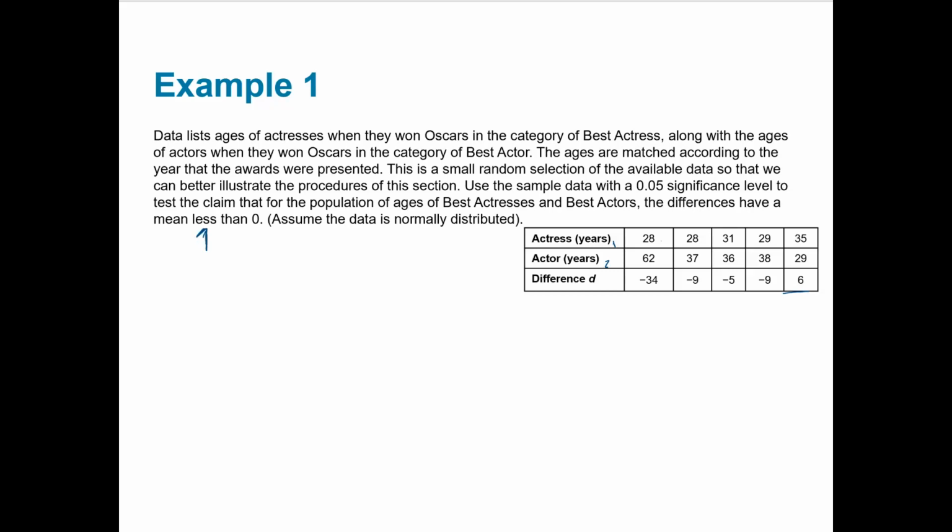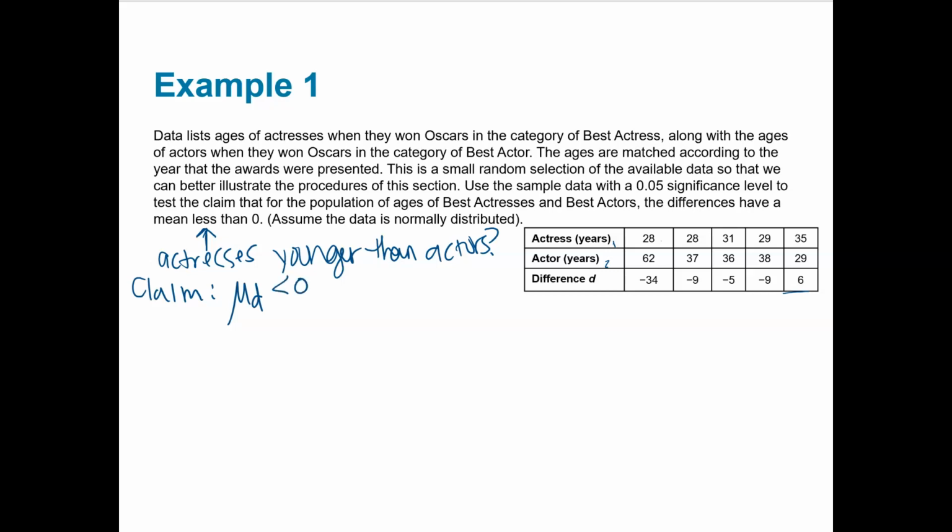So when we're asking about the mean less than 0, we're saying, are the actresses younger than the actors? That would mean that the differences, right, are going to be less than 0. So that's the claim, that the actresses are younger, or that the mu sub d is less than 0.